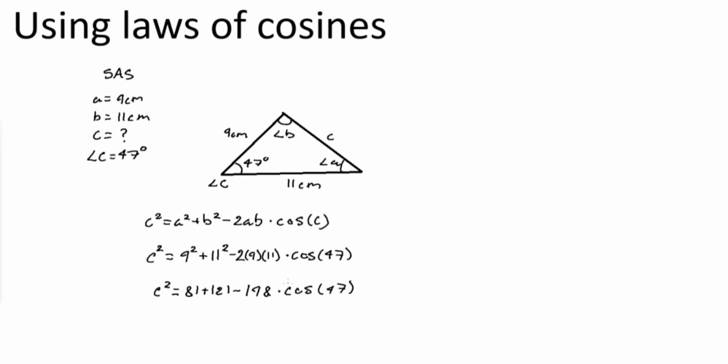And then this is the same thing as saying C squared is equal to 202 minus 198 times cosine of 47.